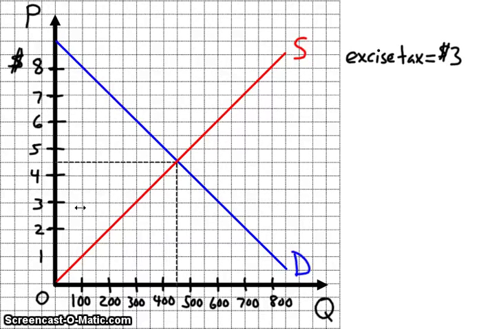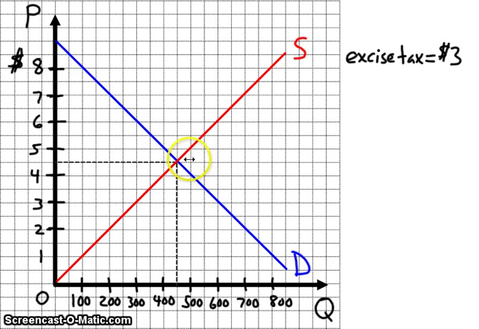It's probably more common to be imposed on the producers, and eventually we're also going to see how, even though it may be imposed on one group, both groups are likely to contribute to it, something that we call tax incidence: who bears the burden of paying for the difference between this market price and the price which includes the tax. So let's assume then that in this particular case we're talking about imposing the $3 excise tax on the producers or sellers of this good.